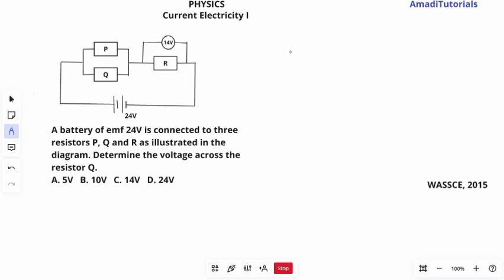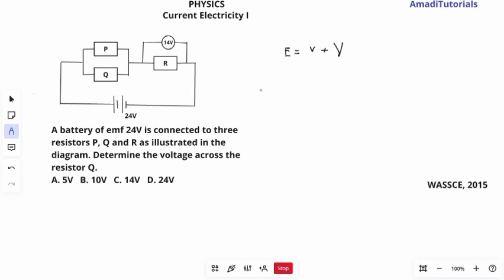Now the concept of EMF, as we have learned, is the voltage drop within the cell plus the voltage drop across the external resistance or load.